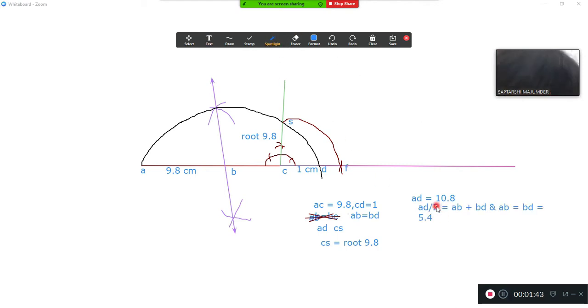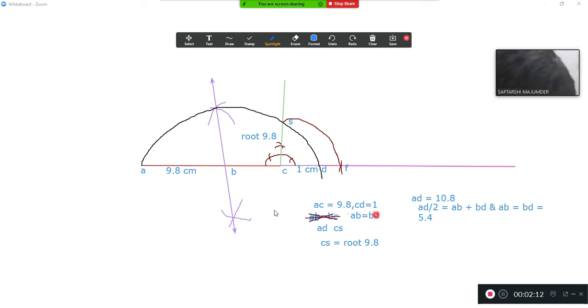If we divide the whole line AD into two halves, we get AD divided by 2. Each half will be AB plus BD, so AB is one part and BD is another part.